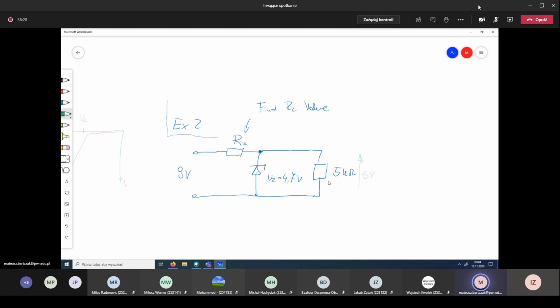Okay. So now we need to adjust this resistor value to have 5 volts on the output side. Do you know how we can find this resistor value? How can we calculate this resistor value when we have a circuit like that?